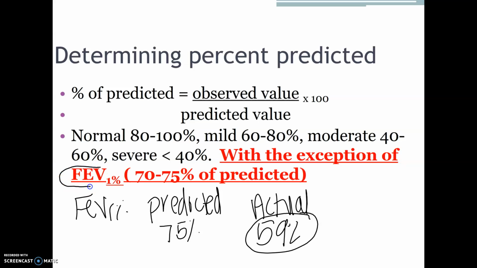Again, the normal limits for FEV1% are 70 to 75%. So this person achieved a 59%, so they would not be considered normal. In fact, they would be in the moderate obstructive disease category because a low FEV1% tells us that it's an obstructive disease.